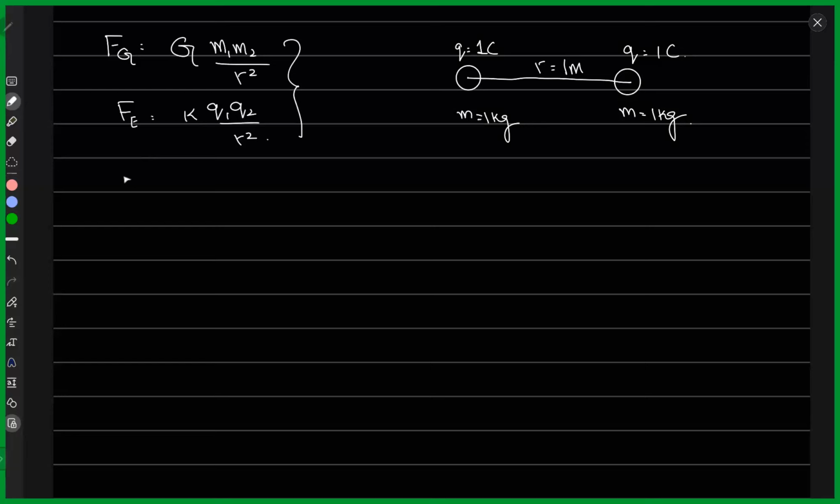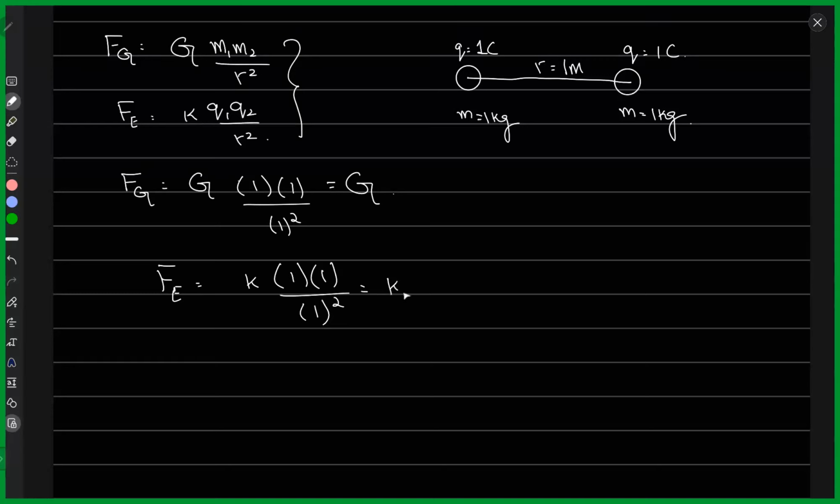So we see that the force of gravity is equal to G times 1 times 1 divided by 1 squared. So all of this is just 1, and this is just G. The electrical force is K times, again, charges are 1, divided by 1 squared.